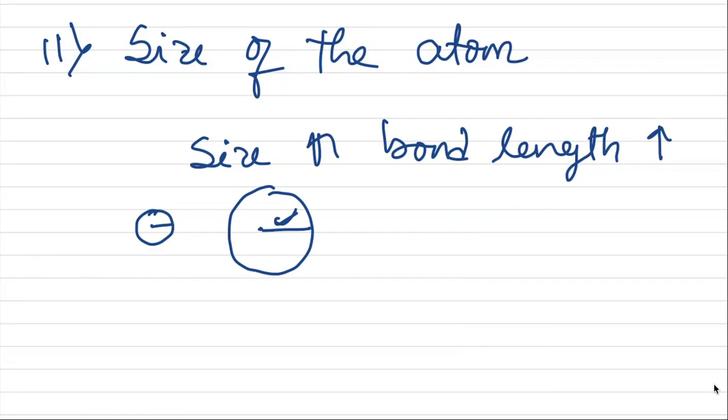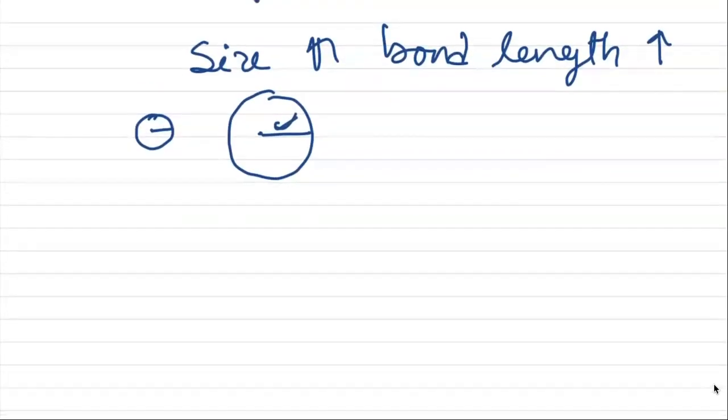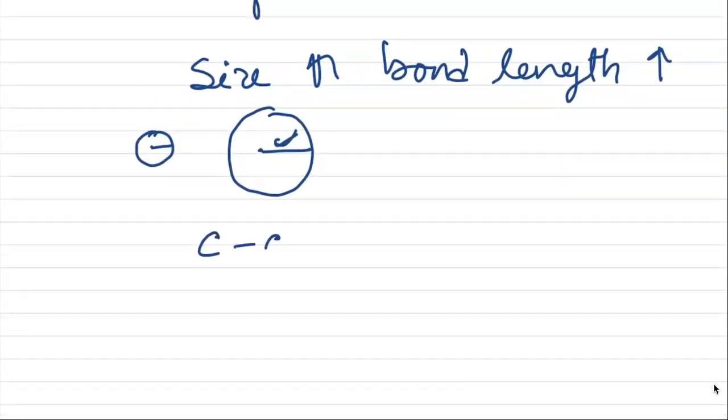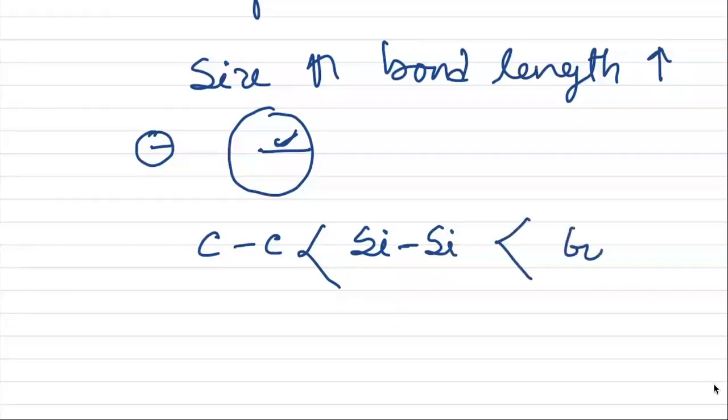So if the size of the atom increases, bond length increases. Like in case of carbon-carbon, the bond length is smaller than silicon-silicon, and much smaller than germanium.